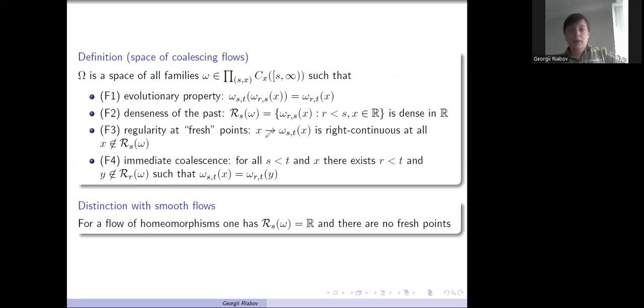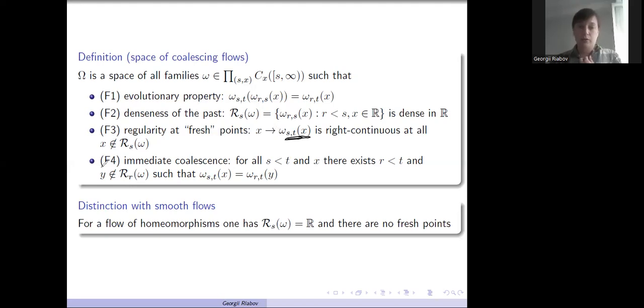The next property I call regularity at fresh points. It means that if the point x is not the image of some trajectory that came from the past, then at this point the mapping from the flow is continuous from the right.